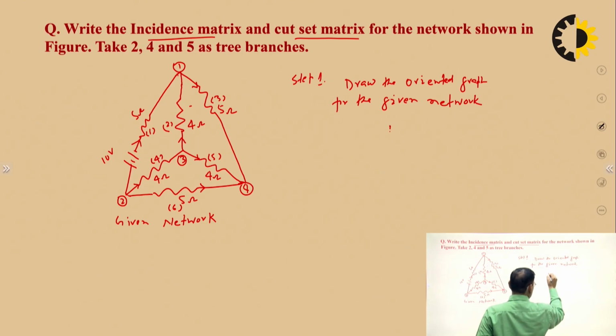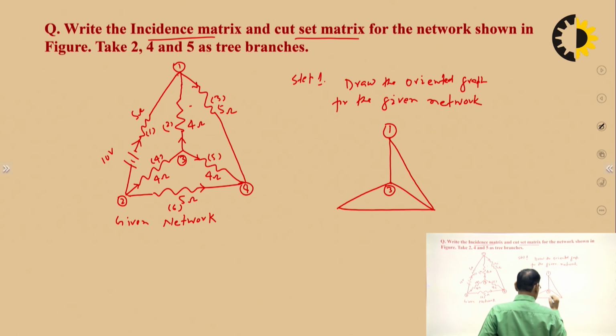So this is your node 1, branch 1, then it is node 3, so this is your branch number 1, this is branch number 2, branch number 3, branch 4, branch 5, and branch 6. Nodes 1, 2, 3 and 4.